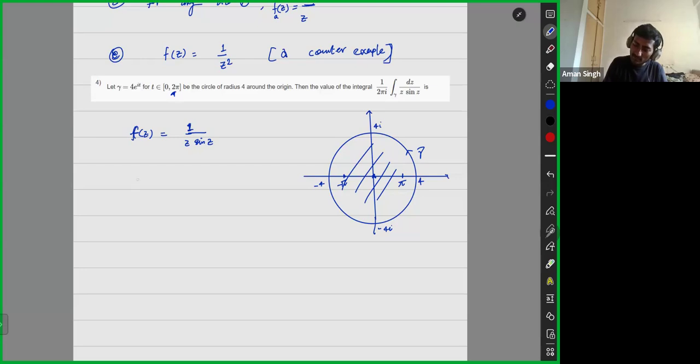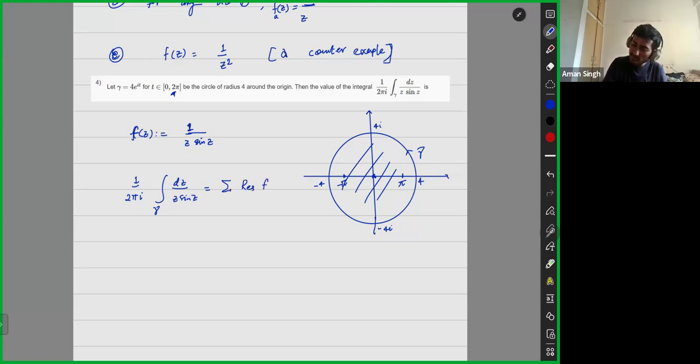So the integral of this, 1 upon 2 pi i, dz upon z sin z for gamma, is exactly the sum of residues of f.